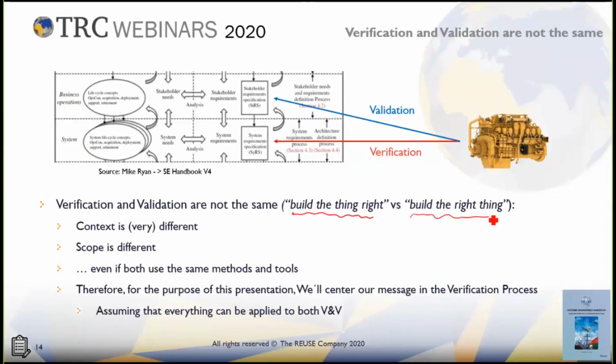Verification is very much connected with the notion of building the thing right, while validation is connected with the notion of building the right thing. So that's why eventually they face different sorts of work products or requirements. The context is different, and the scope is also different, but both use the same methods and the same tools.